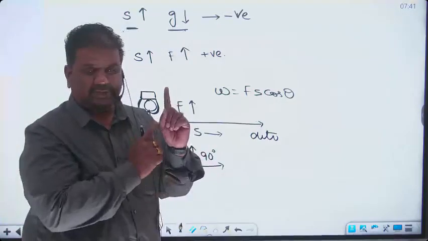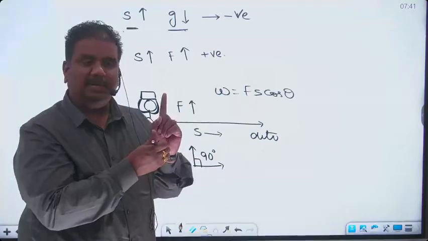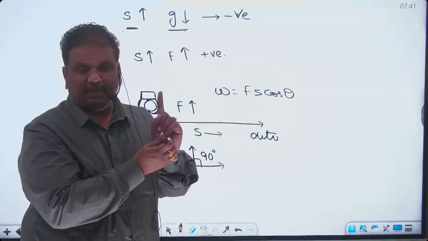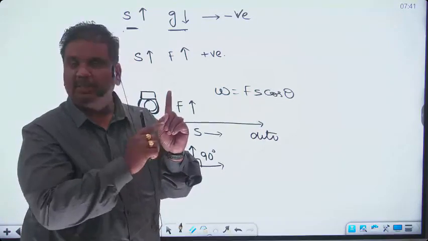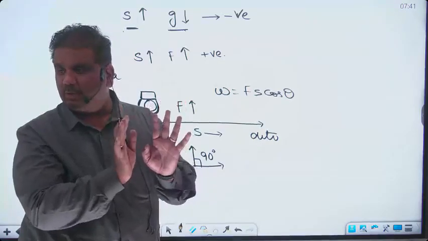So force direction lo untundi, upward direction. Displacement ela undi, right? Perpendicular to that one in a straight way. Angle between them equal to 90 degrees. Kabatti that work done is always equal to 0.